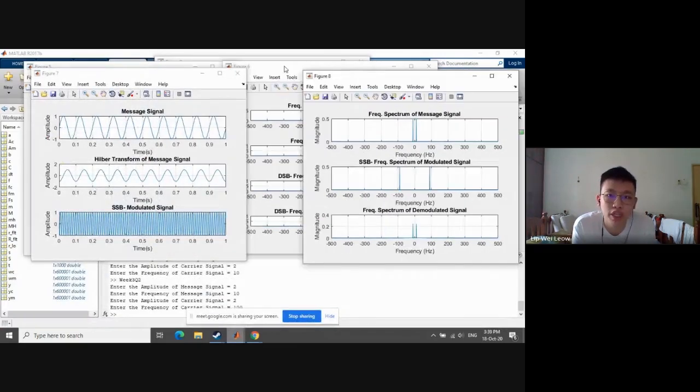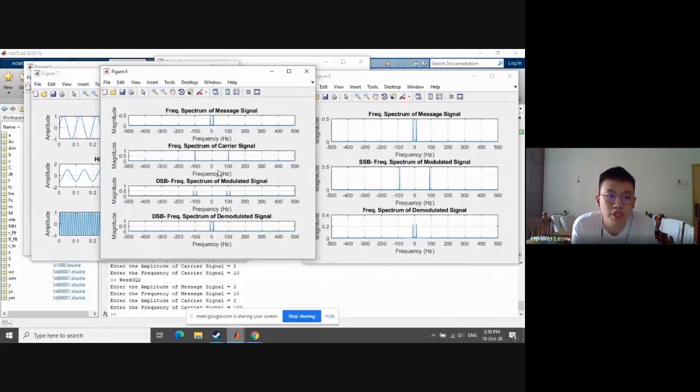This one is for the DSB-SC modulation. So from the frequency spectrum, we can know that DSB-SC modulation consumes less power and provides larger bandwidth compared to AM modulation during the transmission.